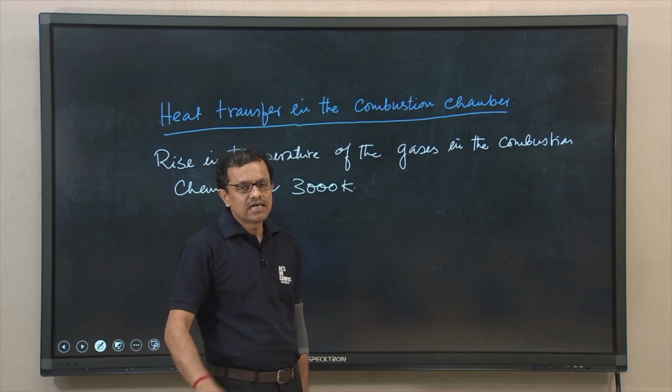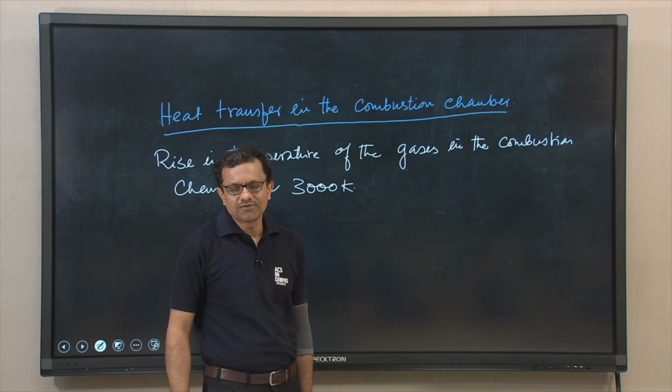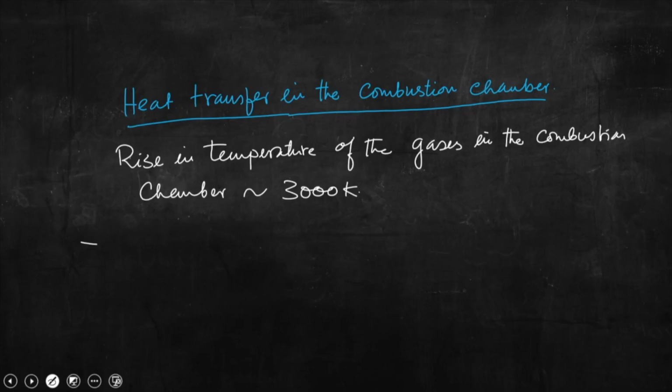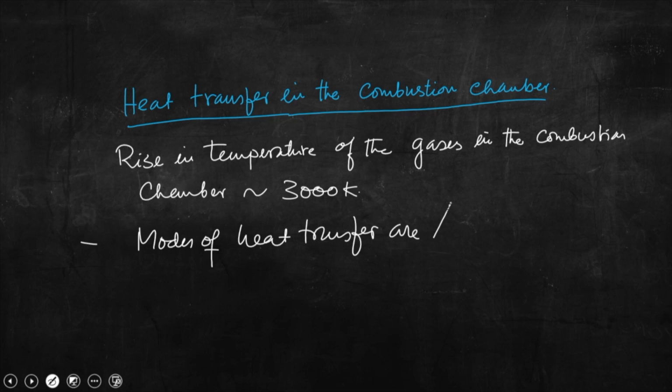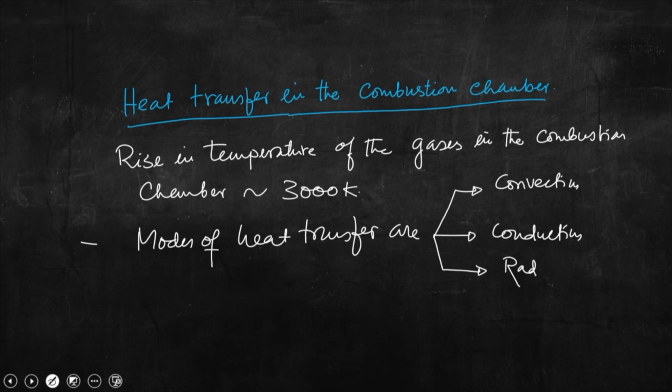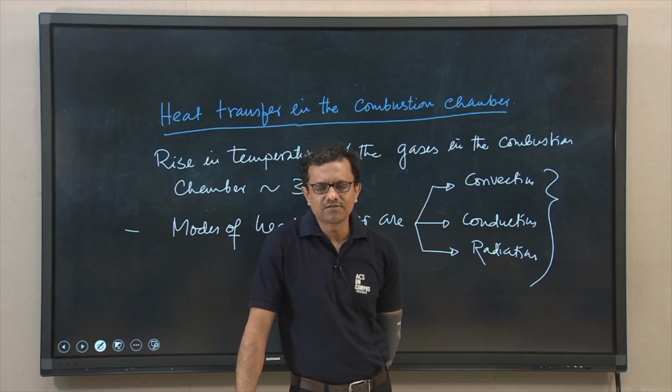Now, there are three principal modes of heat transfer. What are those? The modes of heat transfer are convection, conduction and radiation. These are the three principal modes of heat transfer.